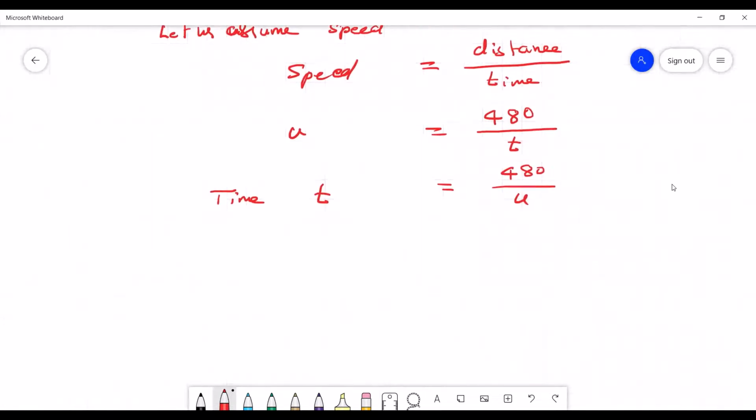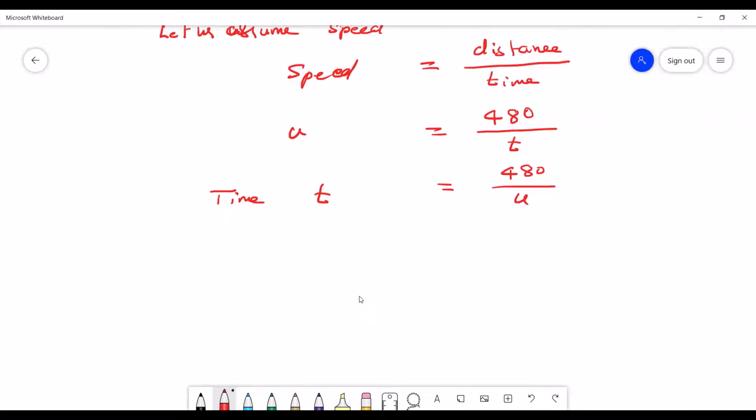Instead of writing time t, I will write 480 divided by u, so that we will be able to find the mathematical situation in terms of speed. Otherwise, it would have been in terms of speed as well as time.